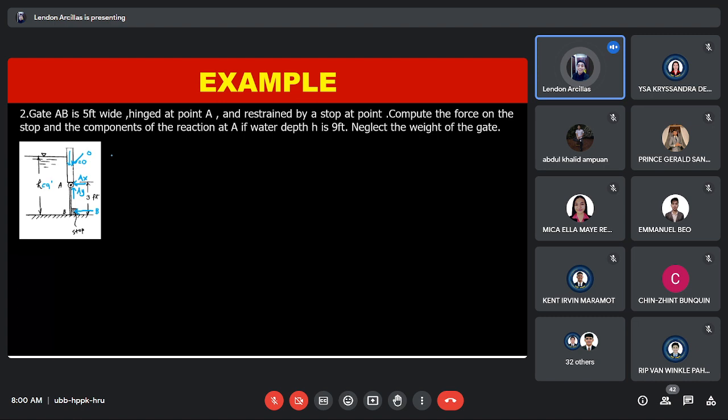So let's draw again. So this is the gate. It says here that this is 9 feet. Okay, and the gate here is 3 feet.